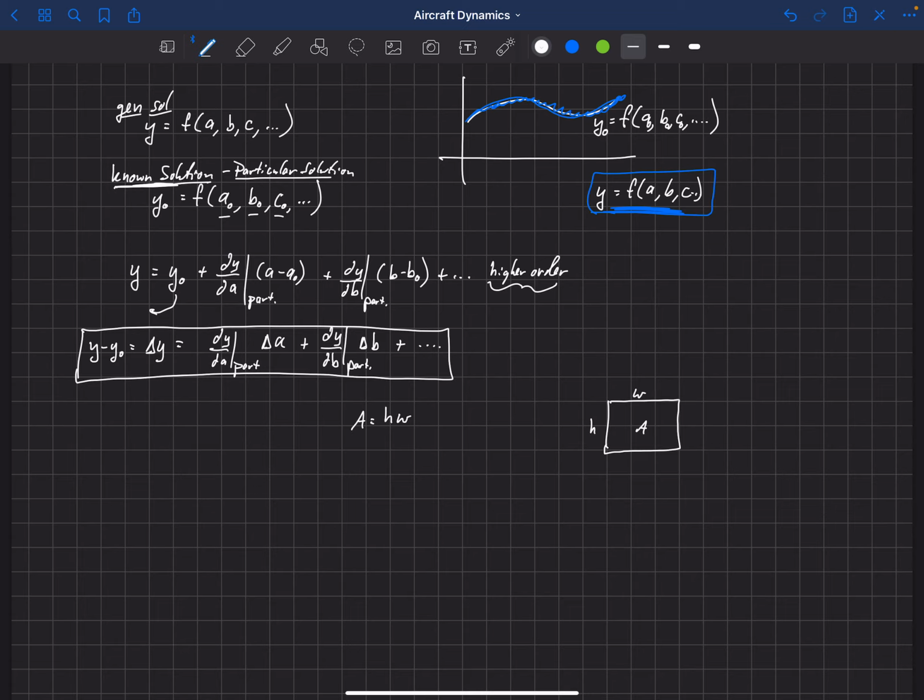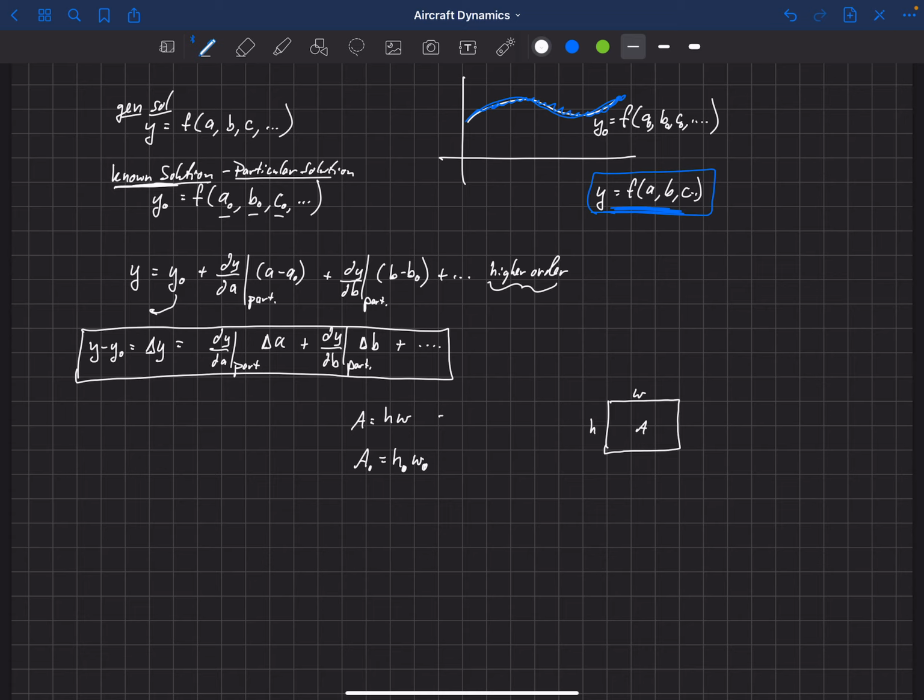That's the area of that rectangle. Let's say that we know one of these solutions: some A naught equals H naught times W naught. So we know the solution for a particular rectangle.